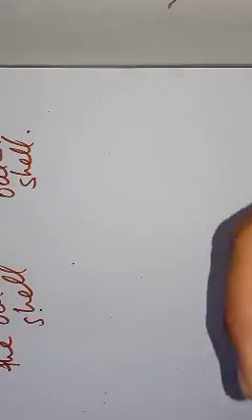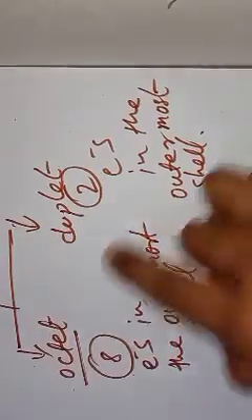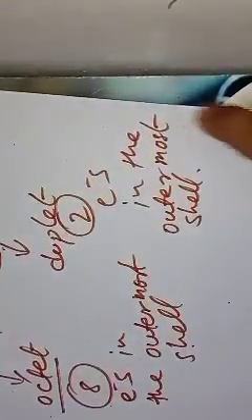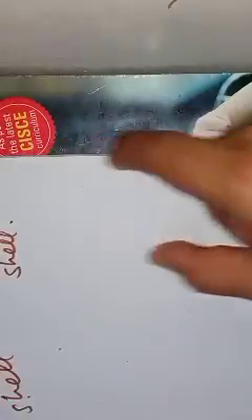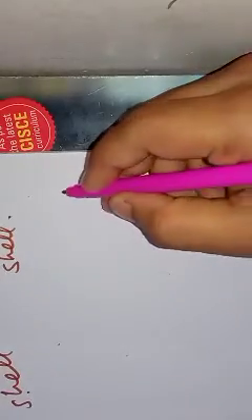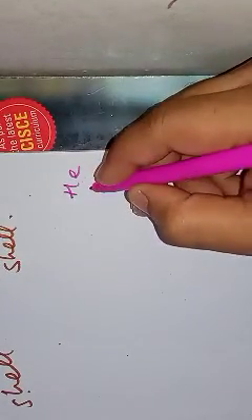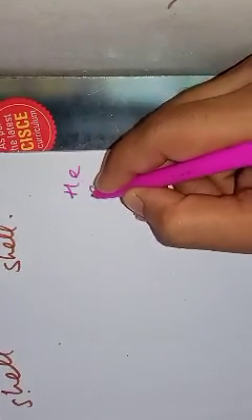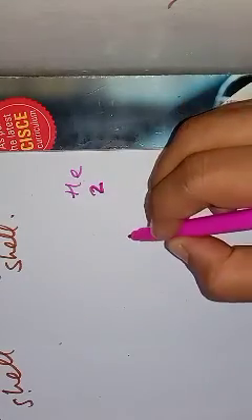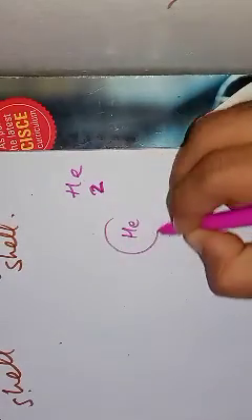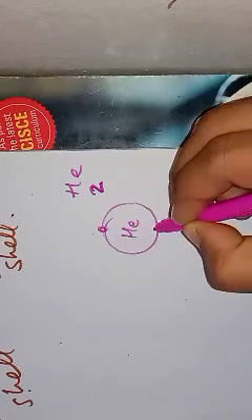And what do I mean by electronic stability? They try to replicate the electronic configuration of the noble gases. Either they have the octet electronic configuration or the duplet electronic configuration. If you closely look at the inert gases, it starts with helium, and helium has 2 electrons. The atomic number of helium is 2, and if you draw the structure of helium, it will have only 2 electrons in the first shell.